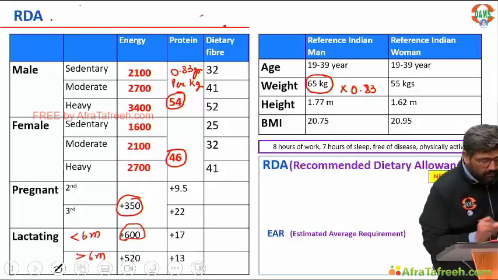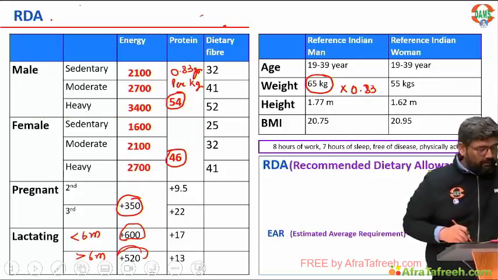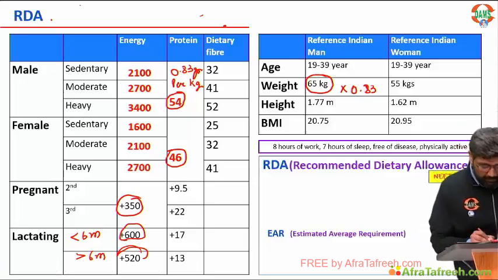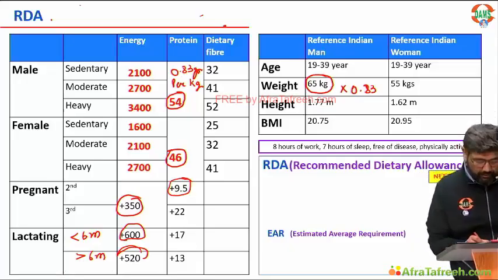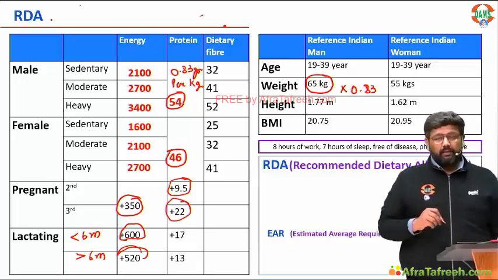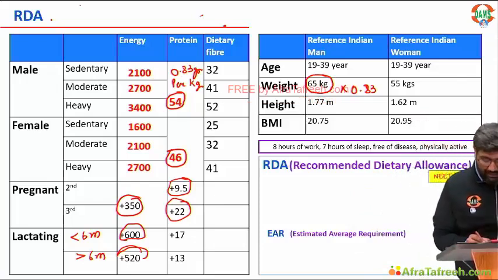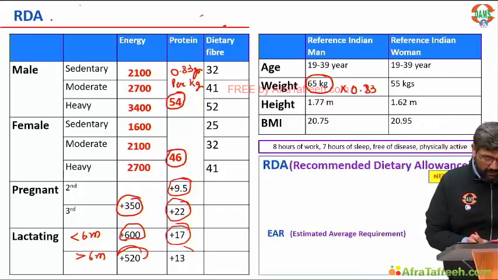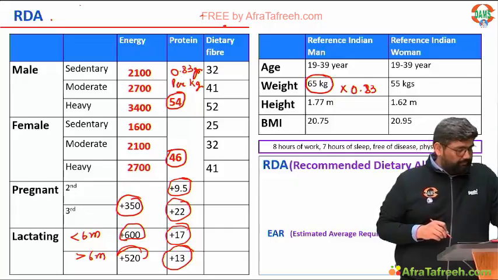More than 6 months, 550. Right? And in pregnancy, second trimester, 9.5 gram is required extra. In third trimester, 22 grams. In lactating less than 6 months, 17 gram. In lactating more than 6 months, it is 13 gram.